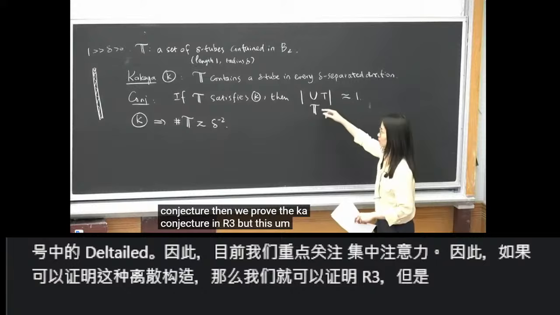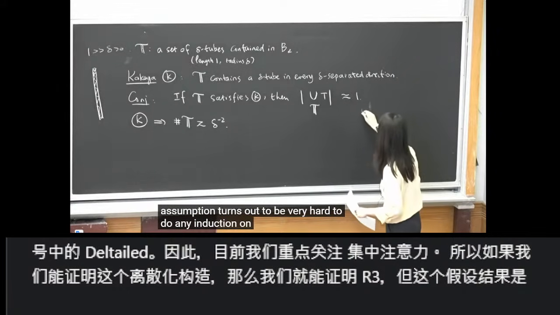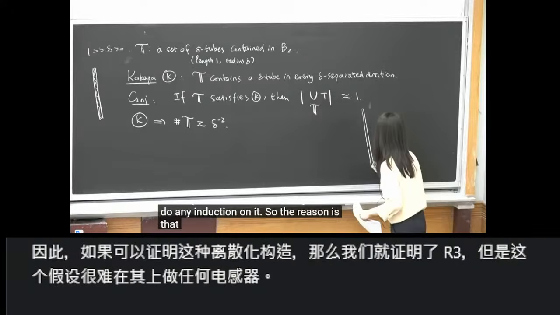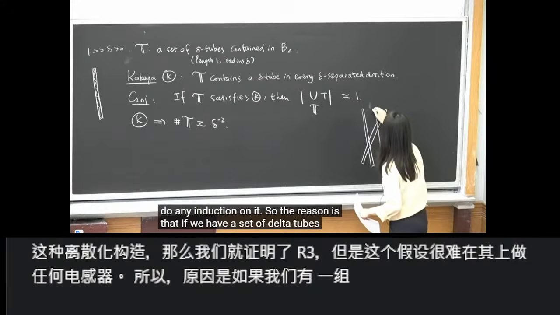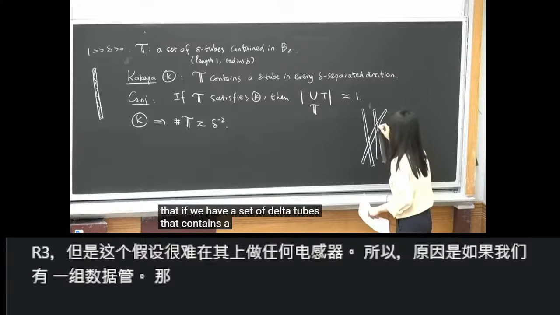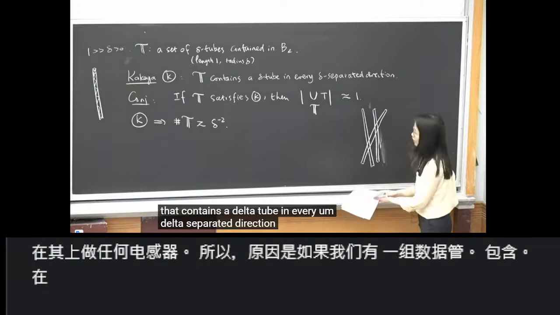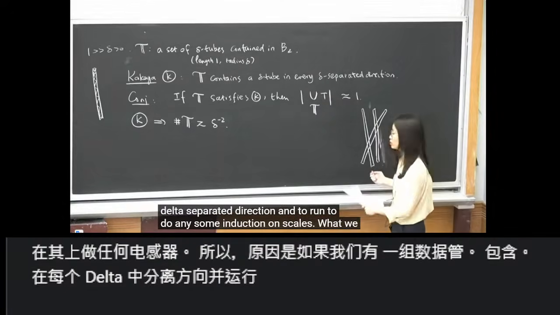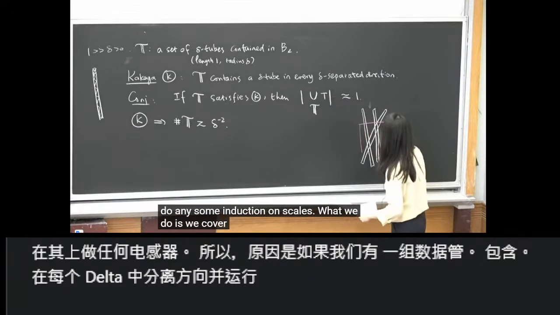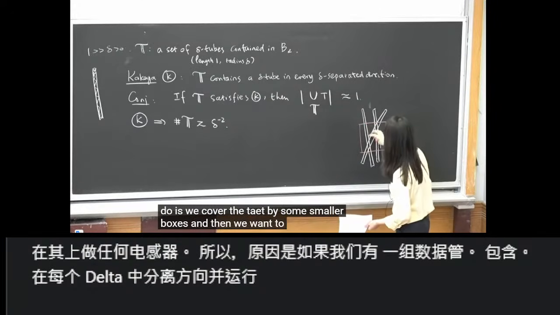But this Kakeya assumption turns out to be very hard to do any induction on. The reason is that if we have a set of delta tubes that contains a delta tube in every delta separated direction, to do induction on scales, we cover the Kakeya set by some smaller boxes, and then we want to run the induction.